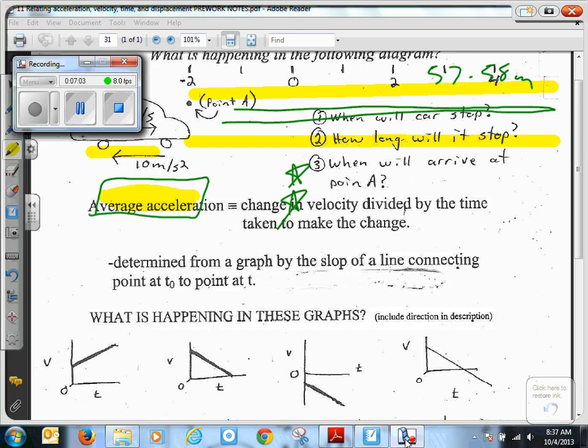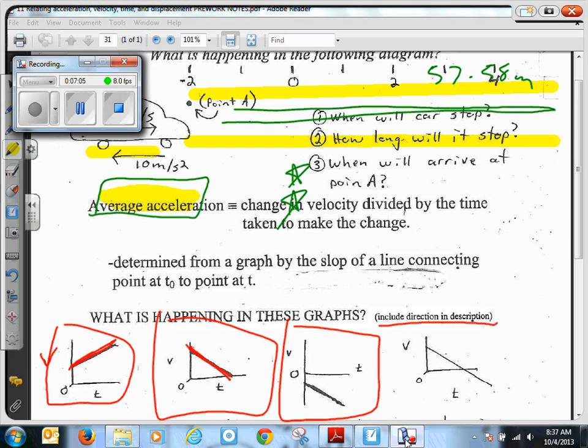Who wants to explain the third graph? The answer was you're starting with a negative velocity and you have a negative slope on the velocity time graph, which shows that we have a negative acceleration. So the signs of the acceleration and velocity are in the same direction. This thing is speeding up. Very important to know. That's a perfect answer.